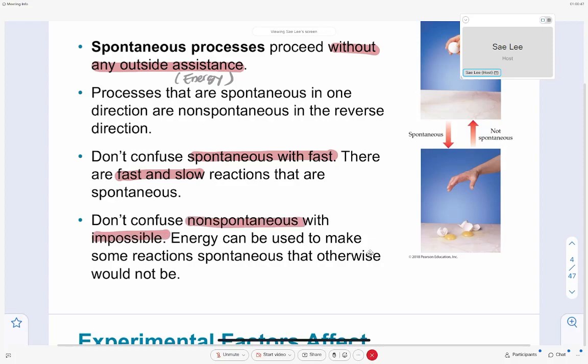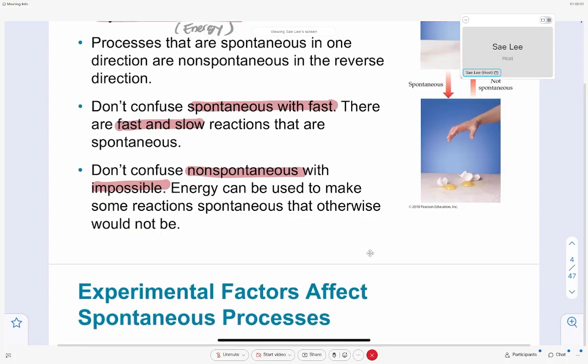An object rolling uphill, for example, is non-spontaneous. But is it impossible? No, it is possible. If you put in energy, it is still possible. So non-spontaneous doesn't mean it's impossible.